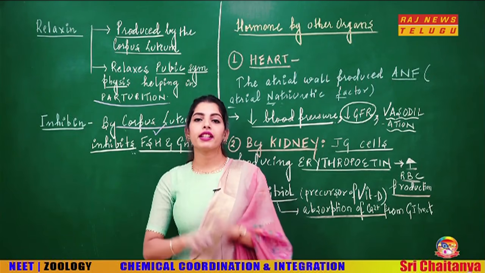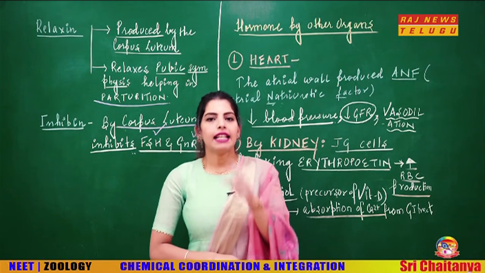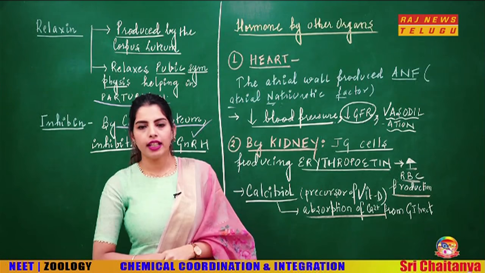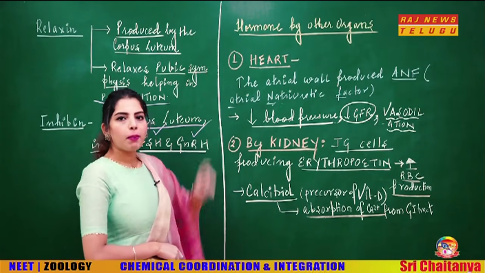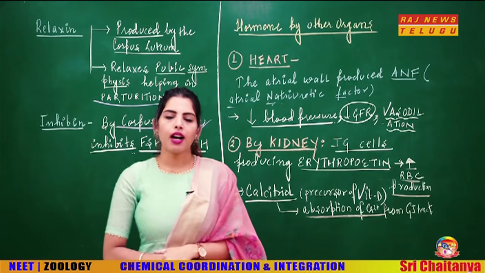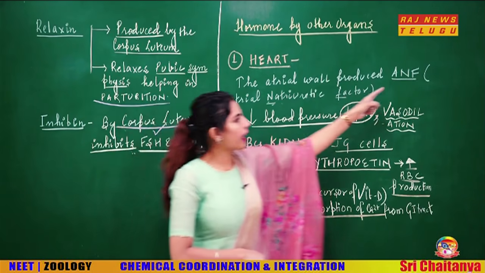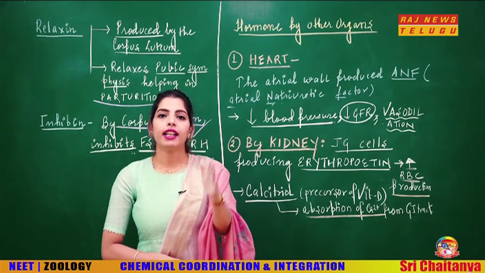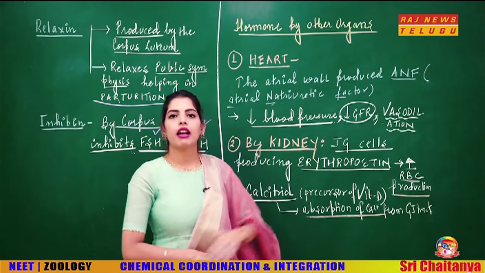But students, there are also some other organs that produce some other hormones. Let us discuss in brief what other parts of your body are involved in hormone production. Talking about the first part, the heart. In the chapter on excretion, you have done a factor called ANF, which is atrial natriuretic factor.